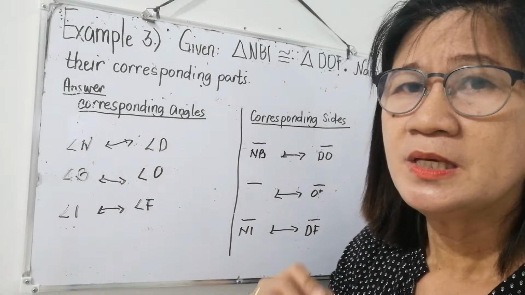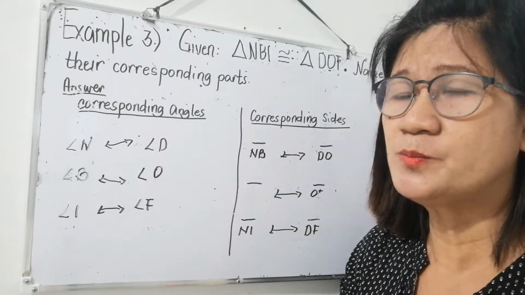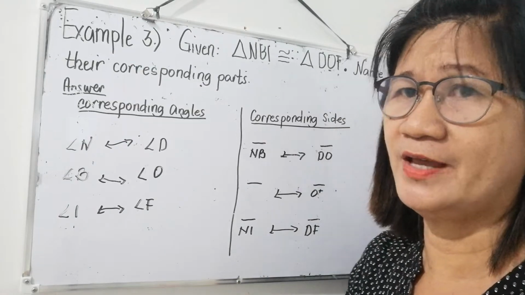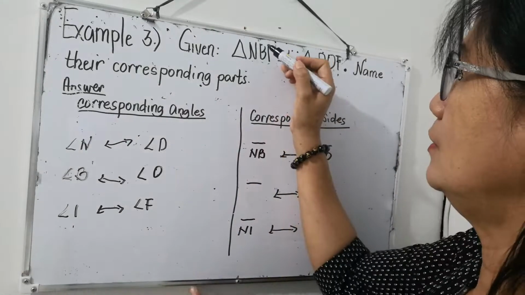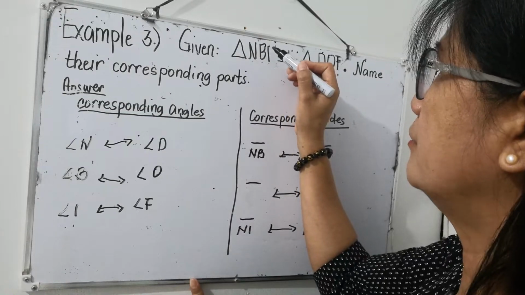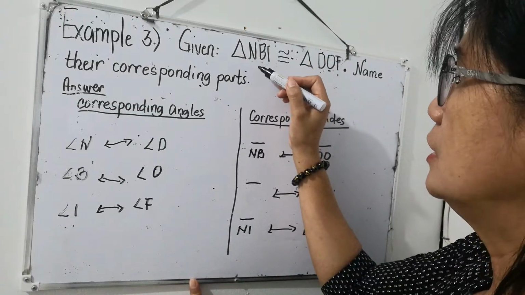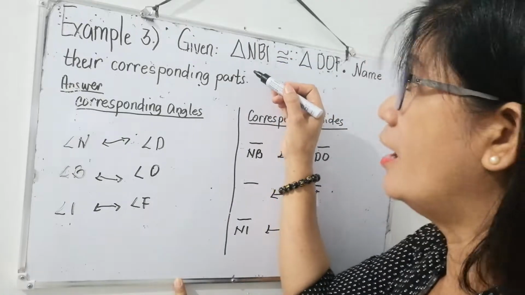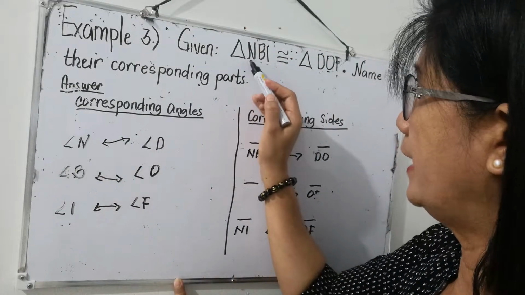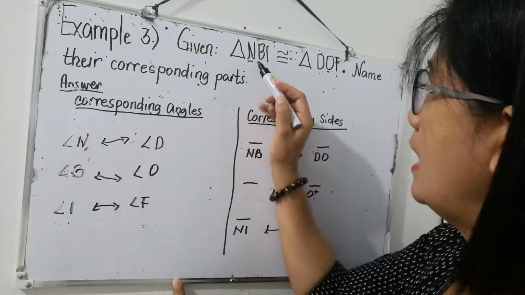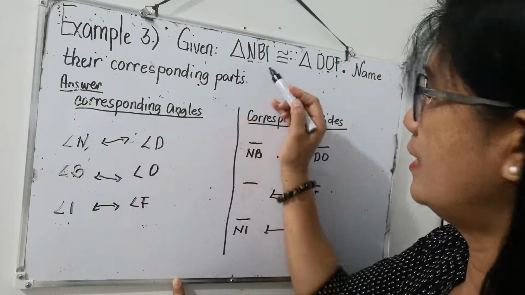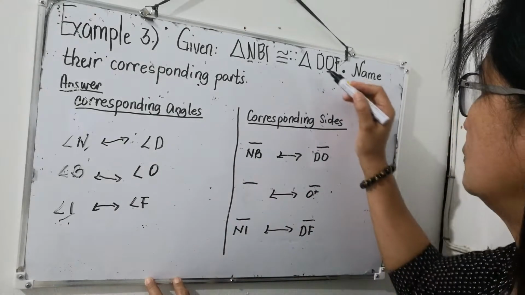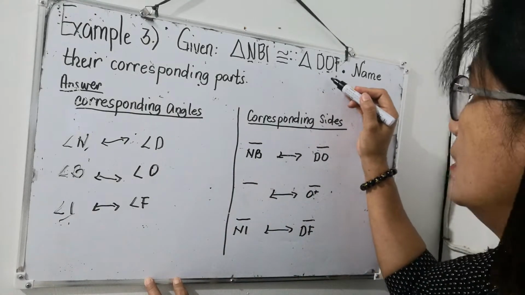Okay, we can identify their corresponding parts even if the triangles are not given. Parang ganito lang siya, no? So, you have to be careful. Dito kayo titingin. Now, the angles of triangle NBI are angle N, angle B, and angle I. Correspond siya kanino? So, dito tayo sa triangle DOT.